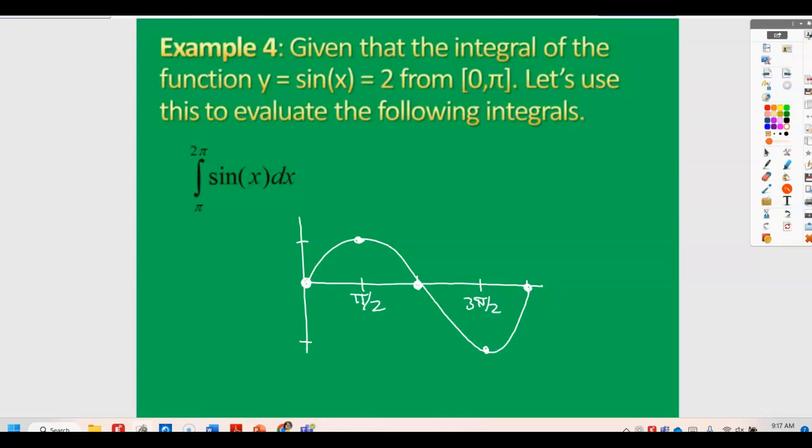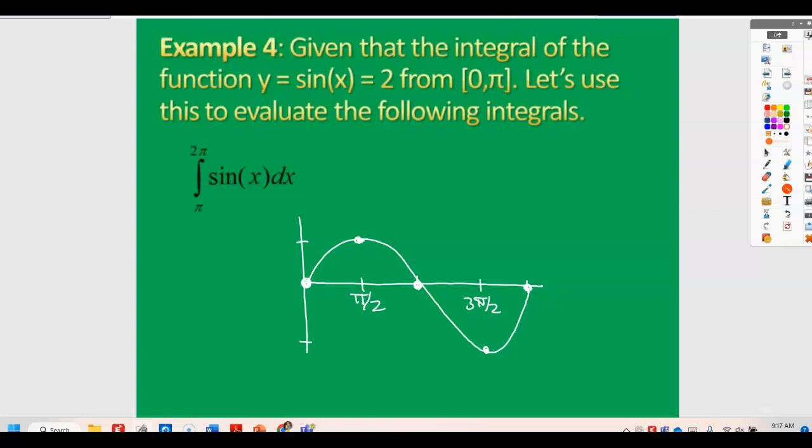If I asked you to find the area from the beginning to the end, what do you think it would end up being? Perfect. Because the area above and the area below cancel each other. So if you did the entire integral from 0 to 2 pi, even if you didn't know what that space was, they would cancel. All right.